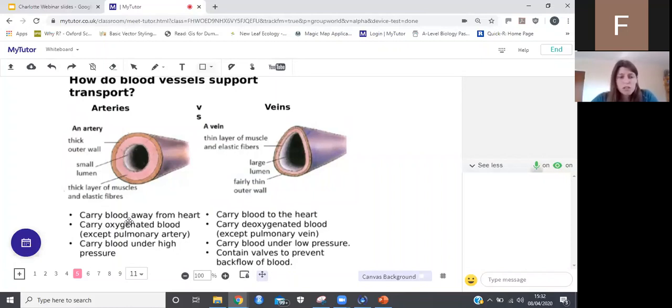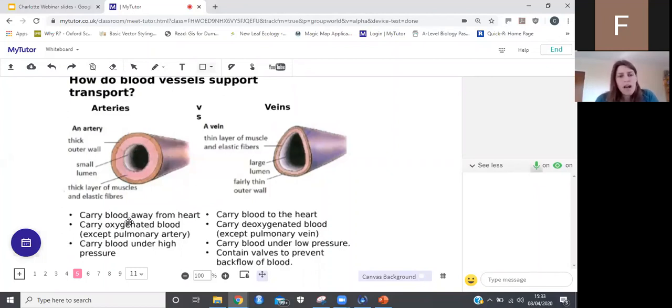So arteries are transporting blood that's under quite high pressure. When the ventricles contract in that really strong way, the blood is sent away from the heart under quite high pressure. And it needs to travel a long way, which means that that pressure needs to be sustained in order to make sure that that blood reaches the tips of our toes from our heart.